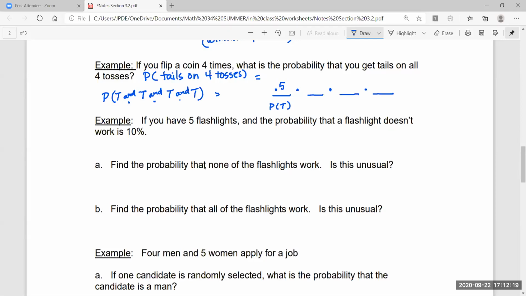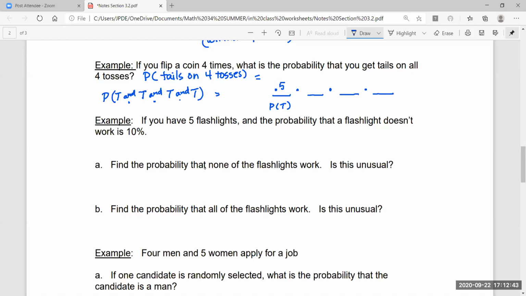So after I flip this first coin, does it change what's going to happen with this coin? Does this coin say, oh, hey, that was a tail, so I'm going to be ahead? This coin has no memory. So every toss of the coin is going to be independent.